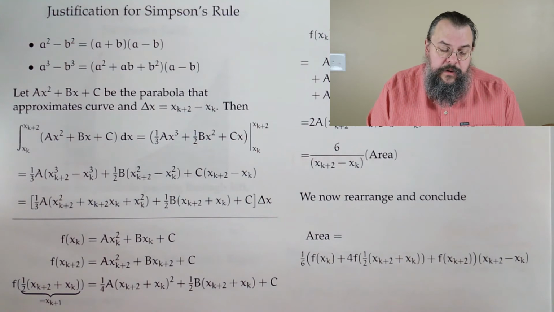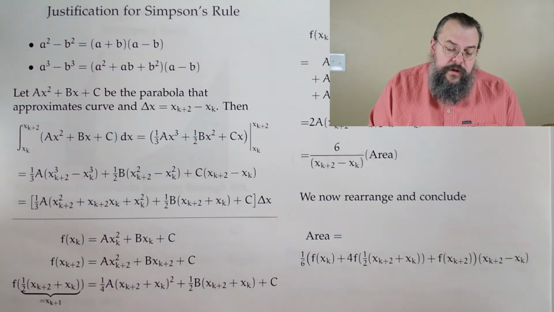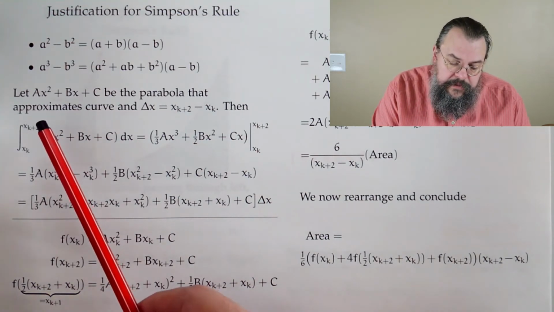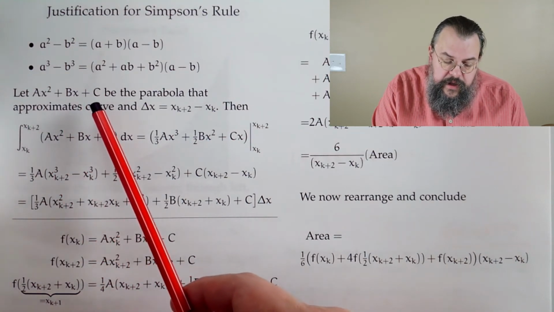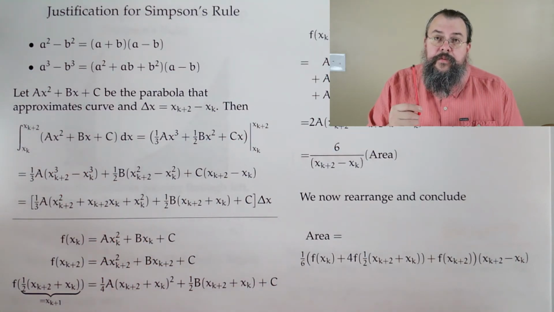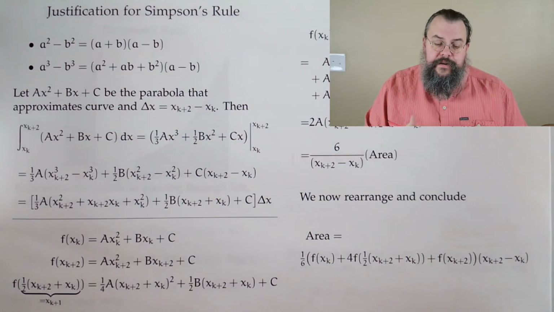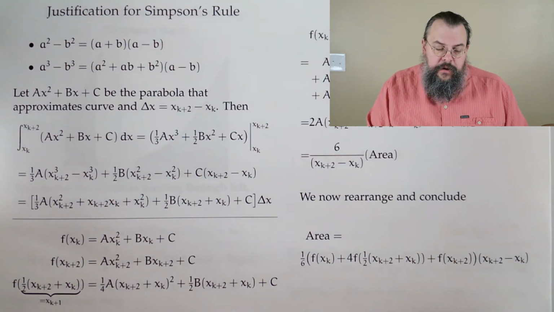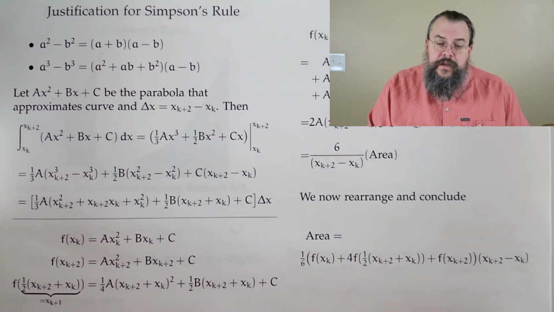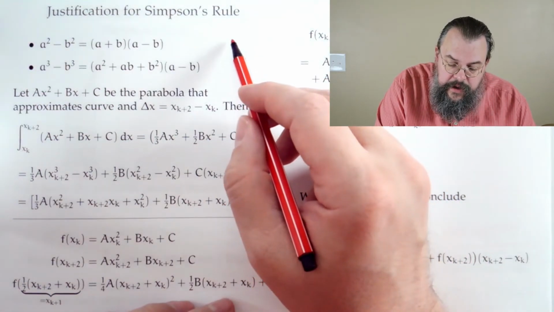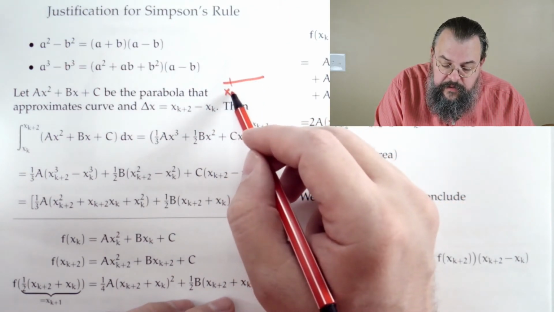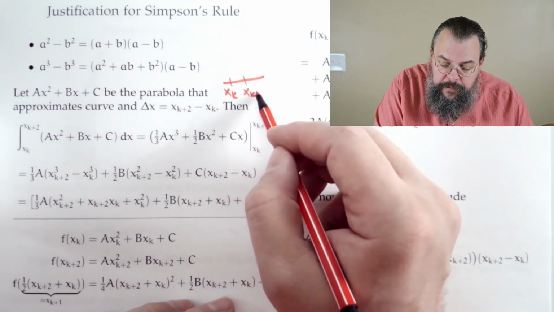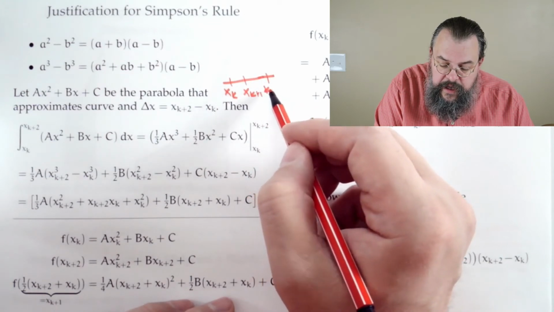And now, what do we want? Well, we want to say, look, I have this parabola, ax squared plus bx plus c, and it's the one that's best approximating my curve. Okay, well, what does that say? It's the one where we have our 3 points, xk, xk plus 1, xk plus 2.